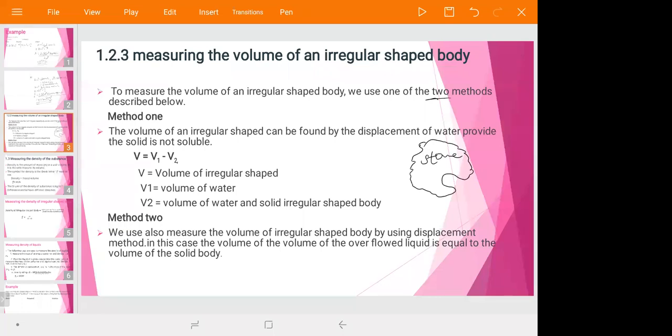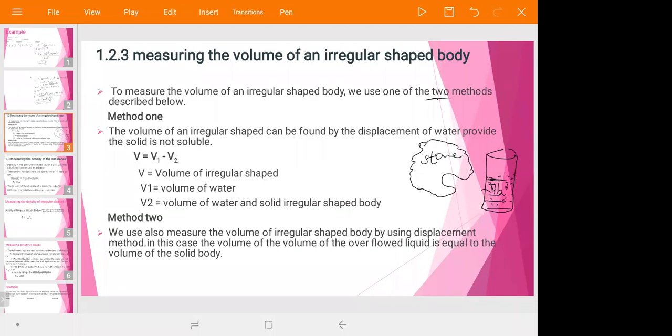If you have some cylinder and you pour some water here, H2O, and if you displace a stone or some solid matter, in this case, the volume of this water increases.